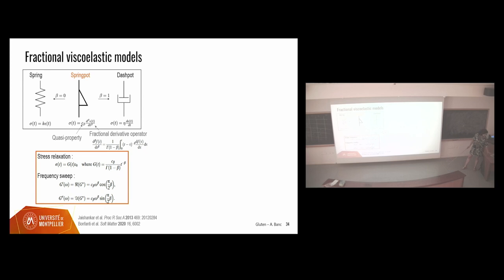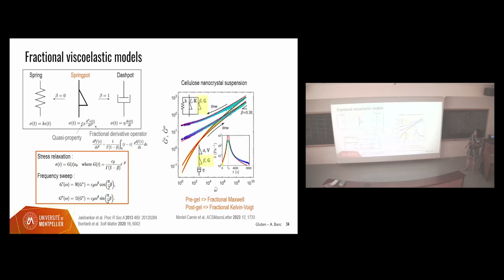So this is a good tool: using one spring pot, you can model a critical gel. And if you want to model pre-gel or post-gel, you have to combine spring pot with dashpot and springs to make a fractional Maxwell if you want to model a pre-gel, and a fractional Kelvin-Voigt if you want to fit post-gel data. This is what was performed by the team of Thibaut for a totally different system, cellulose nanocrystal suspension.